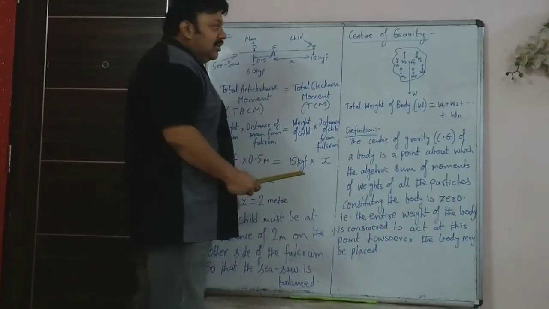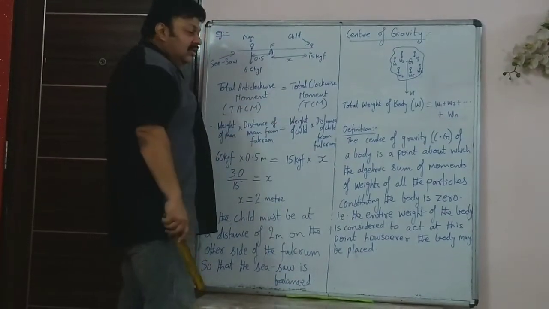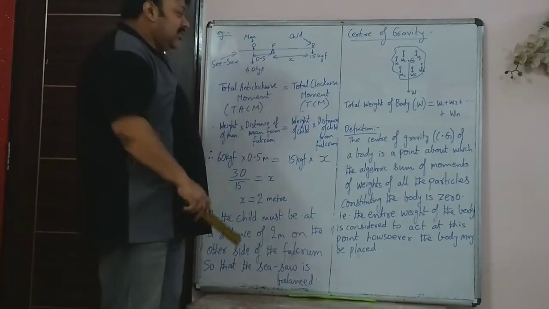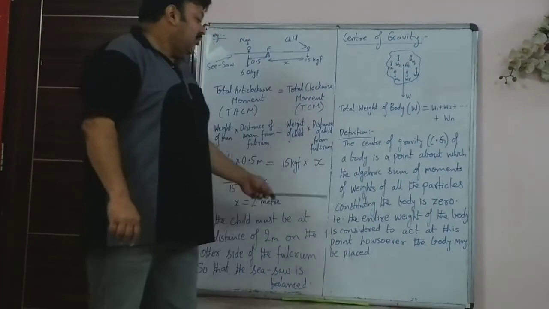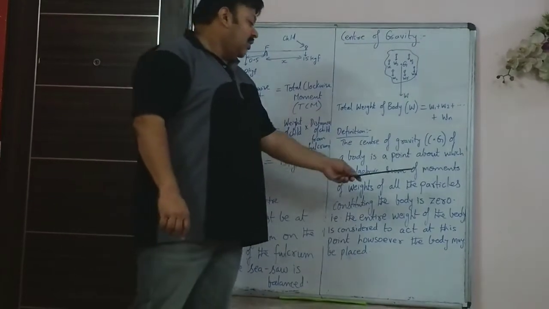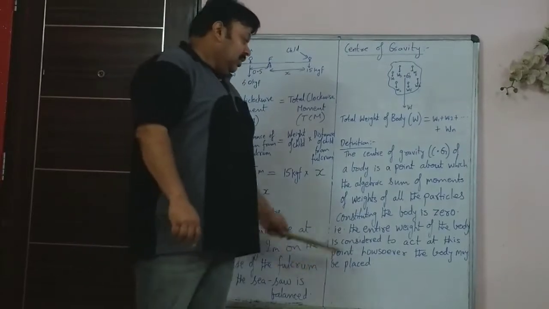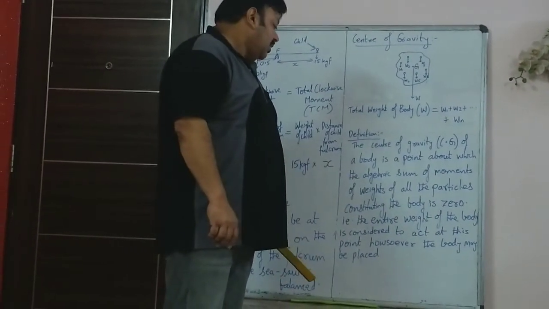That weight acts in the downward direction and the sum of all those weights will be the total weight. Now by definition, the center of gravity of the body is the position about which the algebraic sum of moments of weights of all the particles constituting the body is 0.